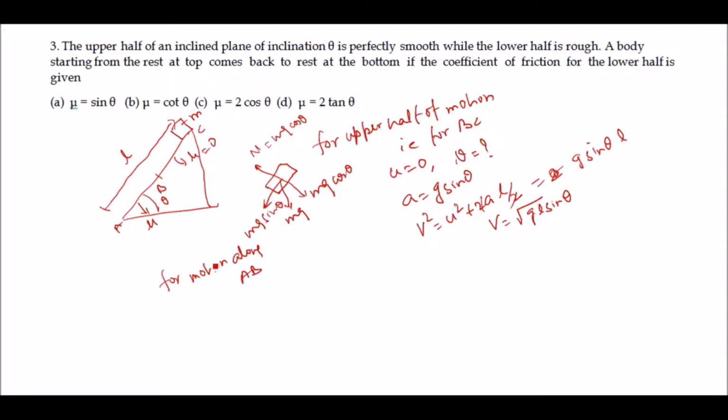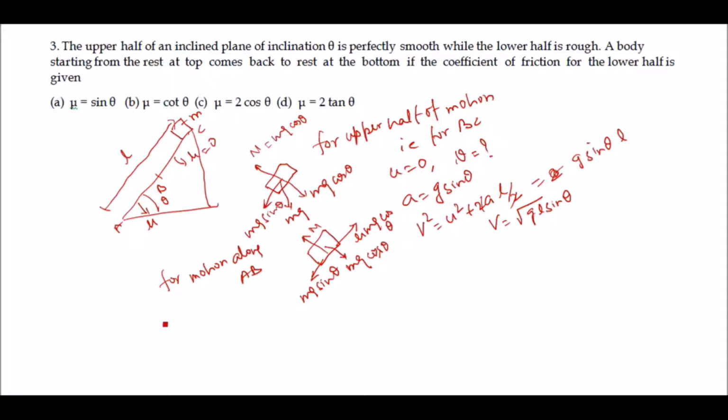For motion along AB, first we will calculate the acceleration. Here a frictional force will also act, and mg sin theta will act along the plane in the downward direction. Mu mg cos theta will be the frictional force, which will act along the plane in the upward direction. Mg cos theta will be balanced by the normal force.